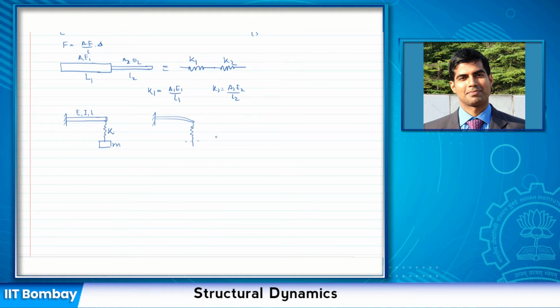And then from the initial position, let us consider this as the unstretched position. In equilibrium, it would be again at a certain position, delta ST. Now this delta ST would have a certain contribution of this spring. At the same time, it will have a contribution of the deflection of the beam as well, correct?